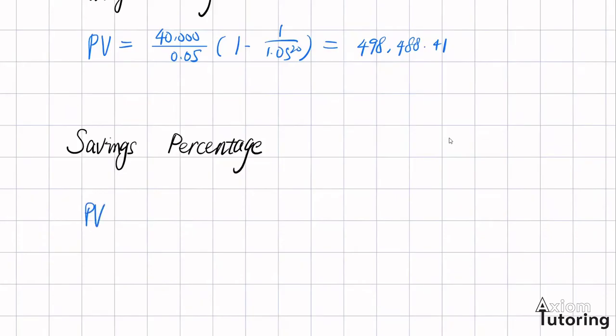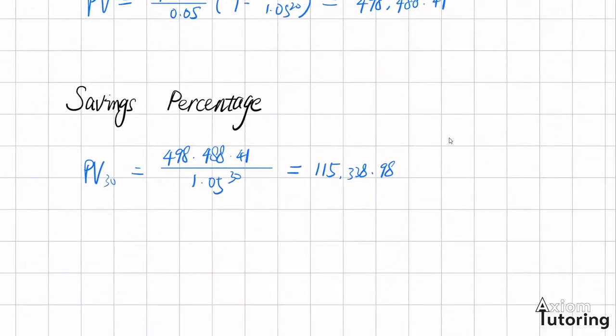The present value at the age of 30 for my savings is going to be 498,488.41 divided by 1.05 to the power of 30, which should give us the answer of 115,338.98. So that's the present value of my savings at the age of 30.